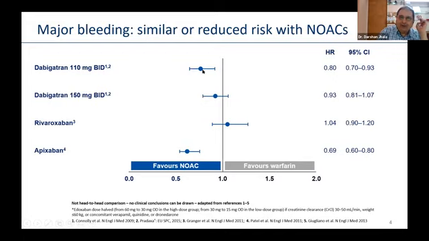They have equal efficacy and they cause less bleeding. Dabigatran 150 is also the same bleeding as warfarin. So we know that these drugs are effective, but there are situations where they might cause more bleeding. And then we'll have to decide between the various doses and various drugs. So if there is a higher bleeding risk, one would not like to use rivaroxaban.